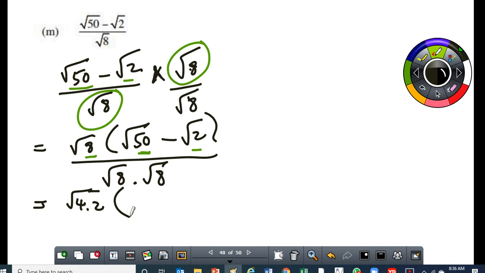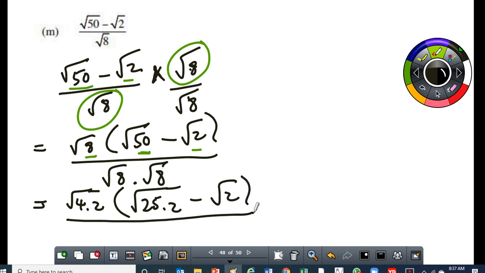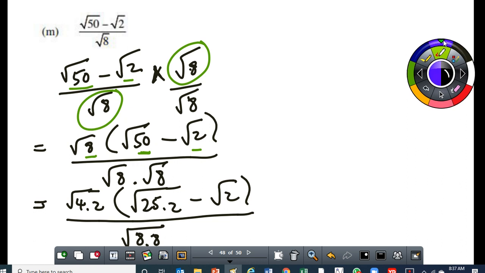Open bracket. The 50 can be written as 25 times 2. So I'll write this square root of 25 times 2 minus the square root of 2, all over... Now, check this. Square root of 8 times square root of 8, we can write that as the square root of 8 times 8. I don't want to rush to simplify it for you because I want you to see something.